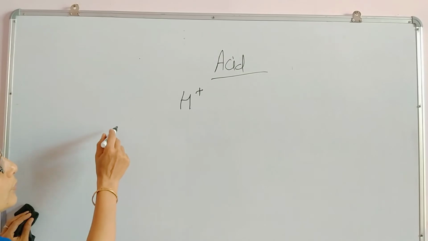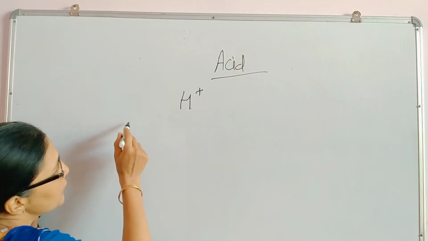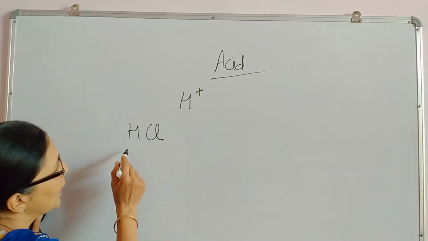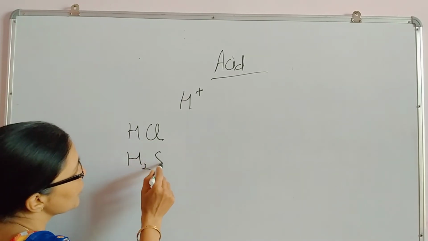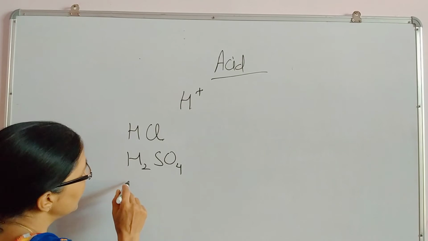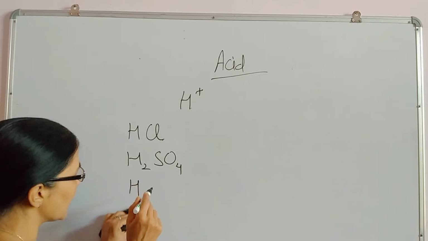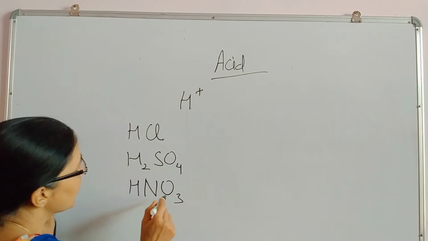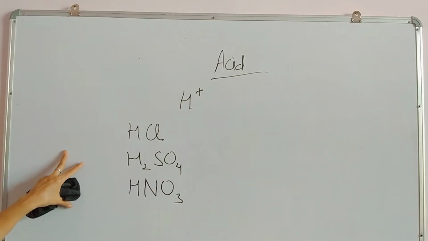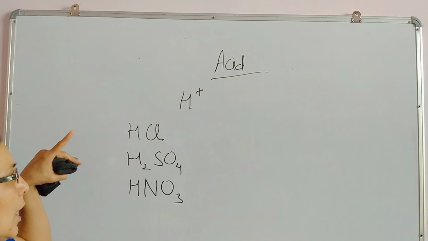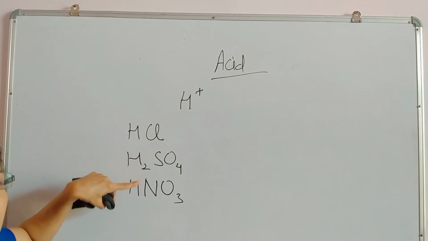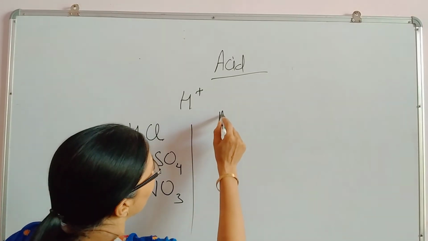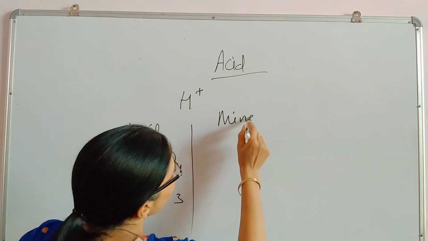Among the common laboratory acids, we will read about hydrochloric acid, HCl, sulfuric acid, H2SO4, and nitric acid, HNO3. These three are the popular laboratory acids. You can see in our laboratory that hydrochloric acid, sulfuric acid and nitric acid all come in the category of mineral acids.